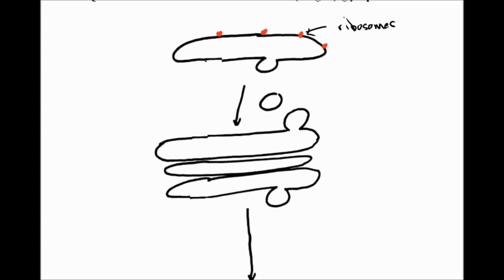So it's still in the rough ER. But the difference is that it is going to be a transmembrane protein. In other words, it will extend, and part of that protein will be facing the ER lumen, and part of the protein will be facing the cytosol.